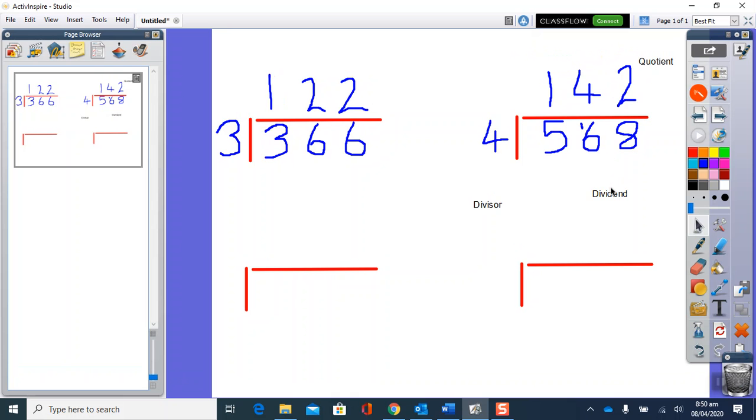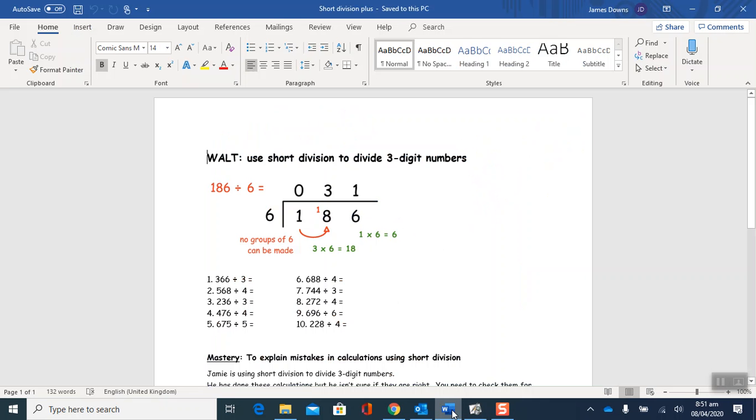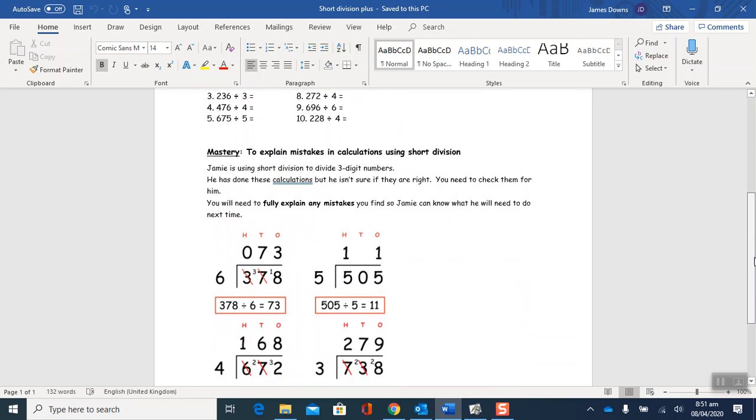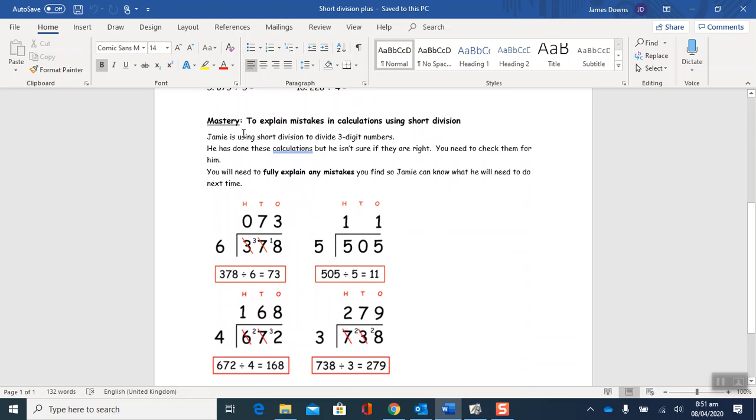So your quotient is your answer, dividend is the number that you're dividing, and divisor is the number you're dividing by. All right, so once you've worked through some of those, you've got 10 of them to work through, then you'll come to this part here to explain mistakes in calculations using short division.